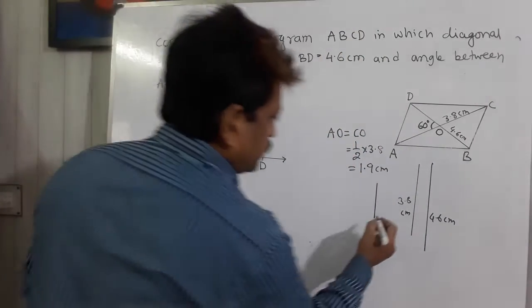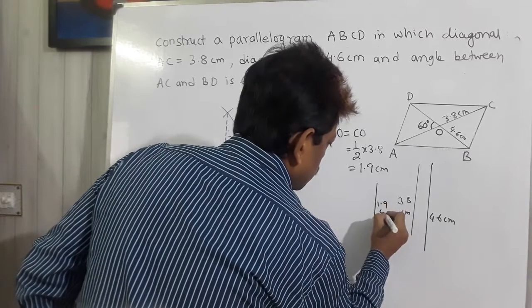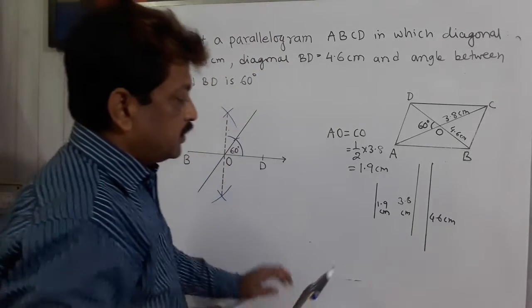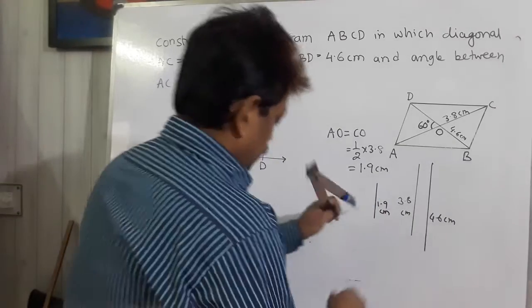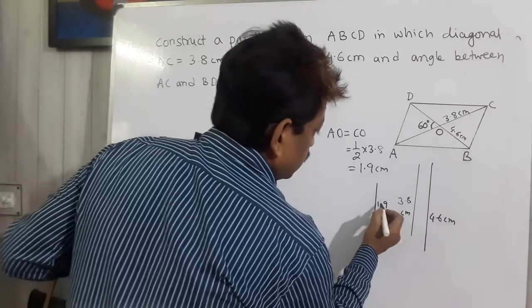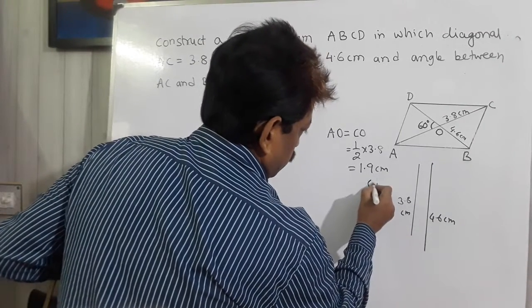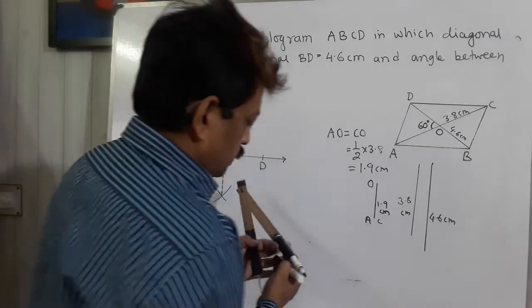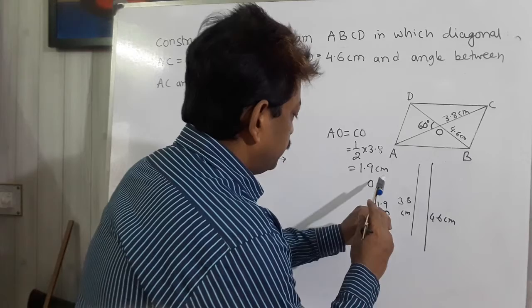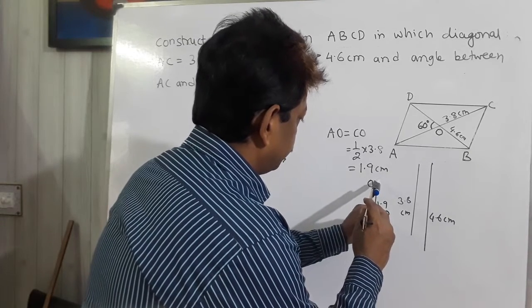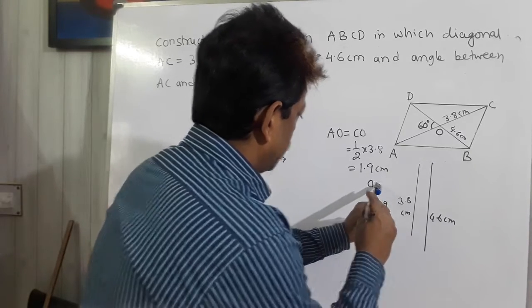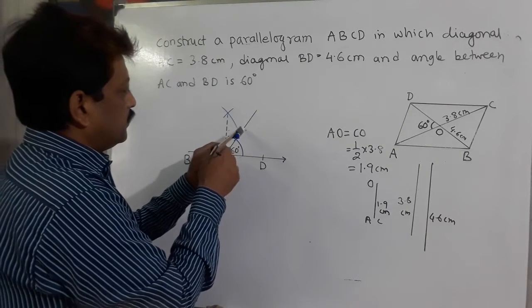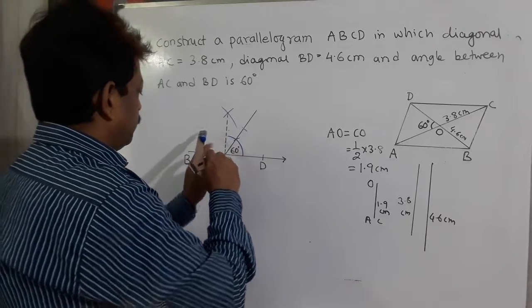So this is 1.9 centimeter. Now let me take this measure. This 1.9 centimeter is actually OA or OC, whatever you want to say. So first I have to take this measure 1.9 centimeter. This is 1.9, and let me cut the line on both sides.